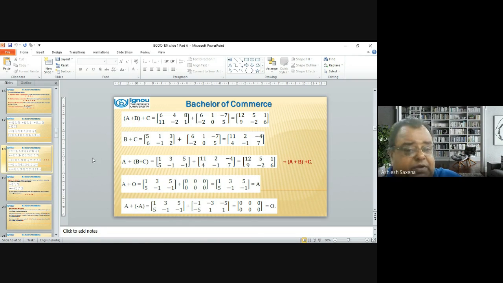Now, we talk about A plus minus A. That means we will be multiplying all the elements of A by minus 1. All the elements, not a single element, but all the elements will be multiplied by minus 1. That means your scalar is minus 1 over here.